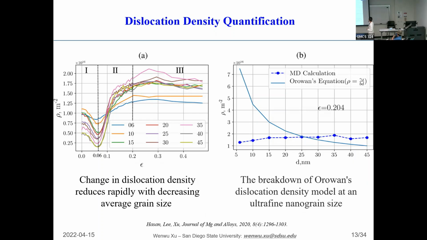And D is the grain size of the material. Because this is a grain size dependent parameter, we use this analytical function and plot the dislocation density as a function of grain size, and then we will be able to see this curve. This curve is described by this analytical equation.